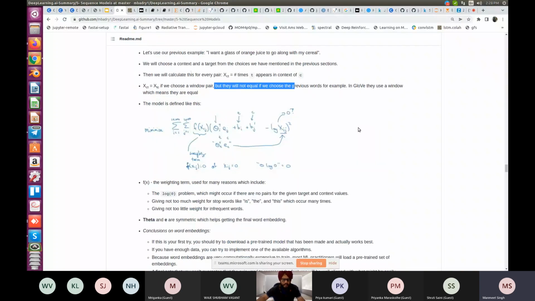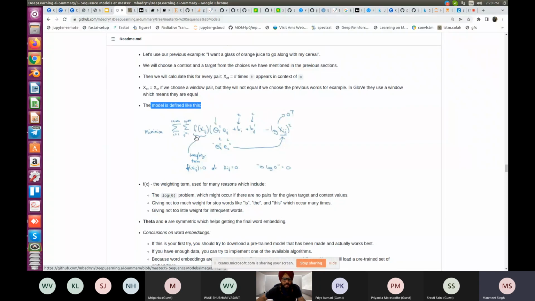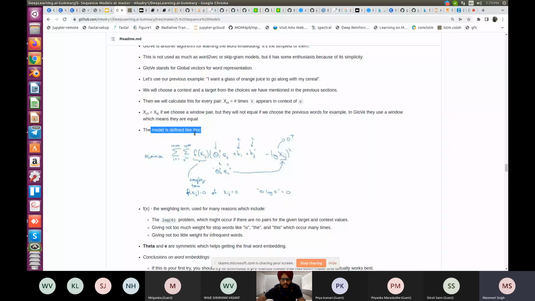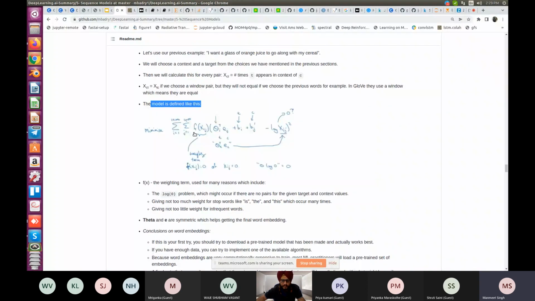And the model is defined in such a way that you take a sigma, twice, you sum over the number of words, that is 10,000, and this f of X_ij is the weighting term. So we have seen, for the words which are not very common, you will weight them, and theta_i e_j plus the bias terms.